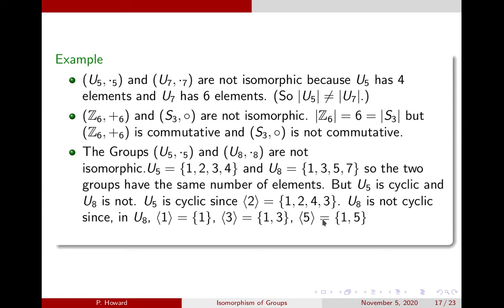The subgroup generated by 5 had elements 1 and 5. And the subgroup generated by 7 had elements 1 and 7. Since none of those are all of U sub 8, U sub 8 is not cyclic. And as we know, for two isomorphic groups, one is cyclic if and only if the other is. We cannot have a cyclic group isomorphic to a non-cyclic group.